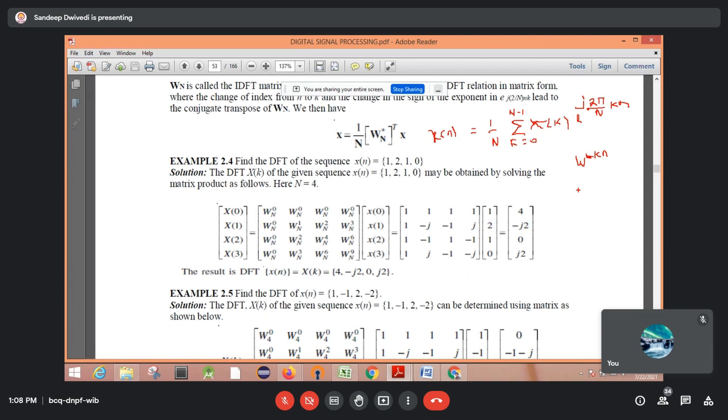That's why in this formula, if you are writing in the form of twiddle factor, this will be W raised to power minus kn. All the things will be the same, and 1 by n is there in the formula, so that 1 by n will be as it is.